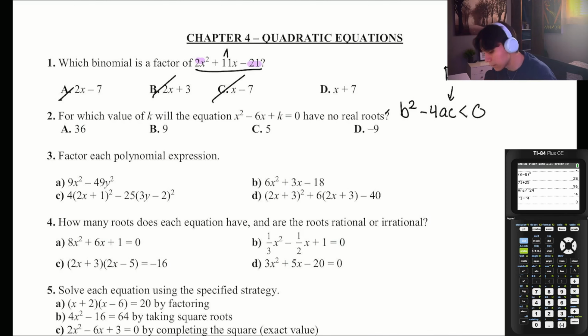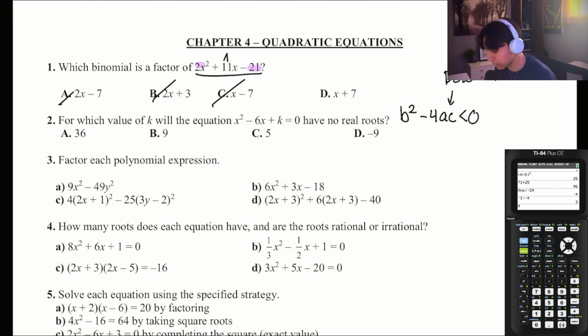Because remember, we're taking the square root of this number. If it's giving us a number that's less than 0, you can't take the square root of a negative, right? That's why we set it less than 0 if we don't want any real solutions. If our discriminant gave us a negative number, then we'd be square rooting that, and that would give us absolutely no real solution.